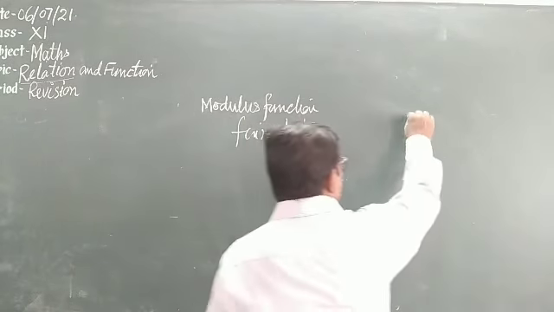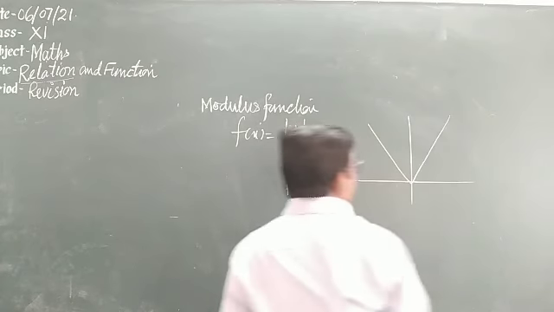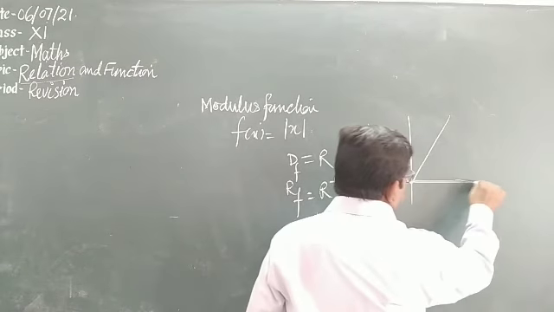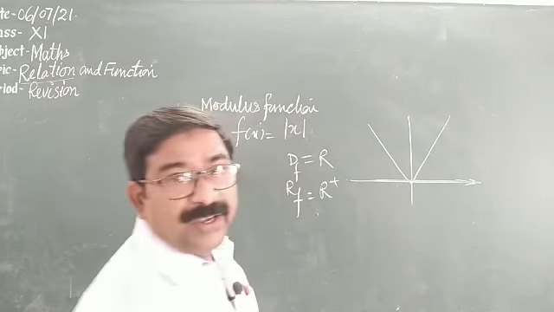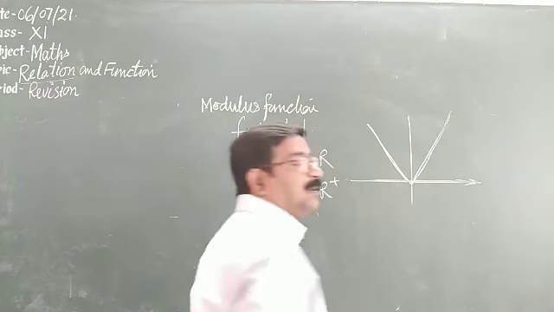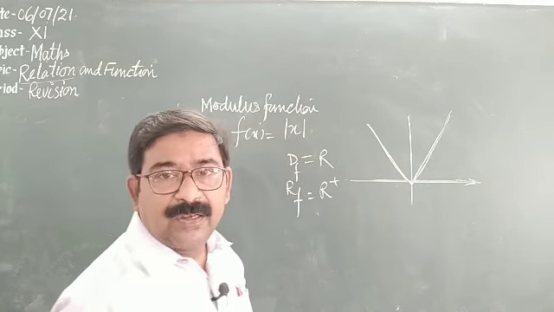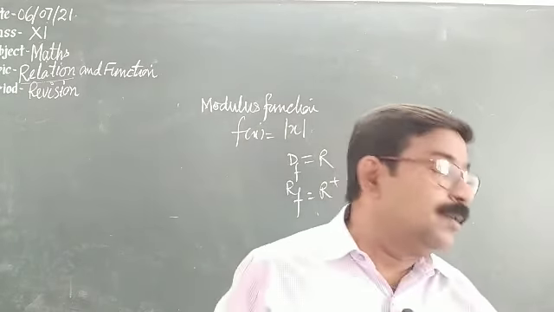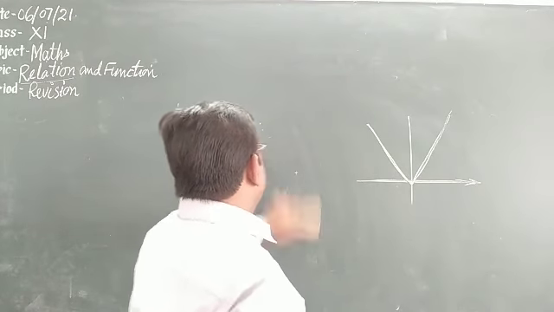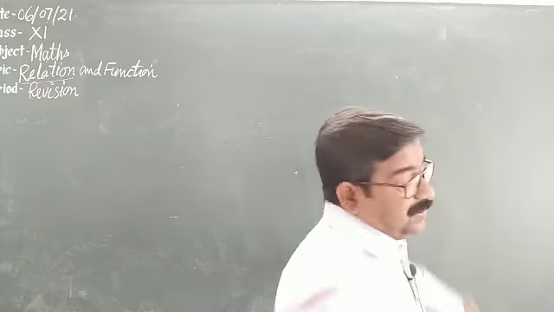When you plot the graph of this, your graph goes this way. It means we take the value of x on the real line, that is all real, but the graph goes upward to infinity, meaning all positive reals. So this is the modulus function. Similarly, we have the signum function and the greatest integer function.